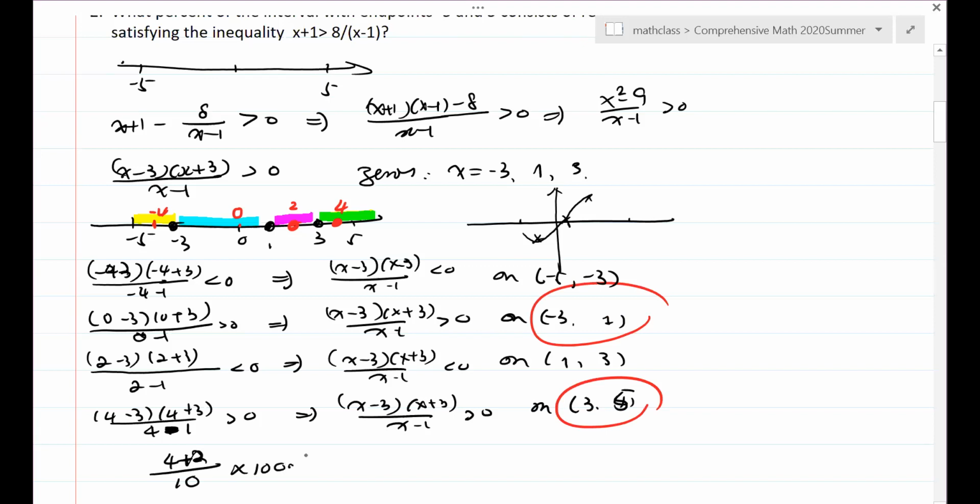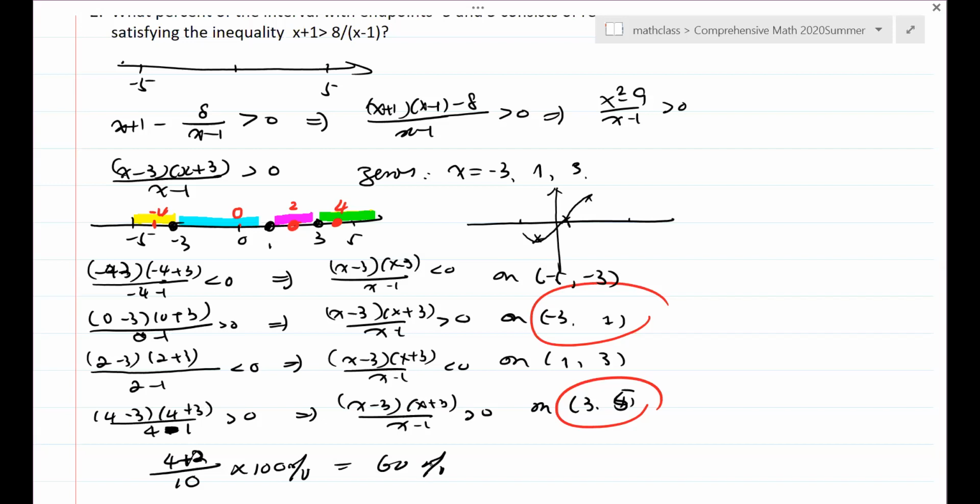Multiplied by 100%, I got 60% of the interval on which the expression is positive. So this example shows you how to solve an inequality with fractions, rational expressions.